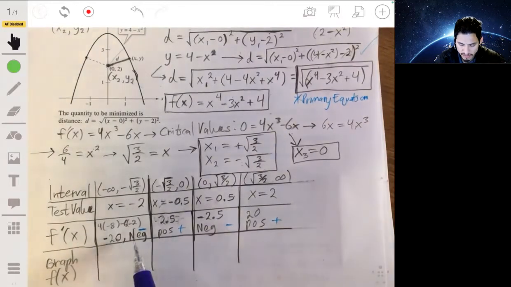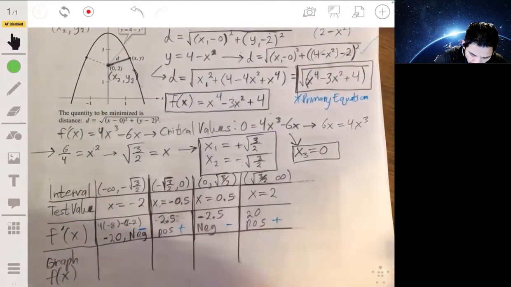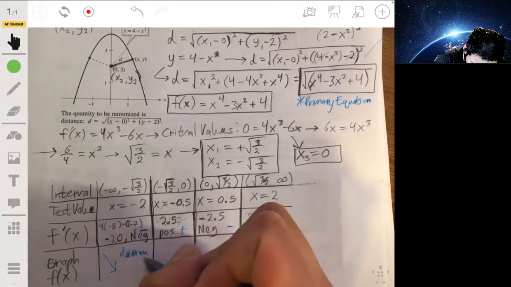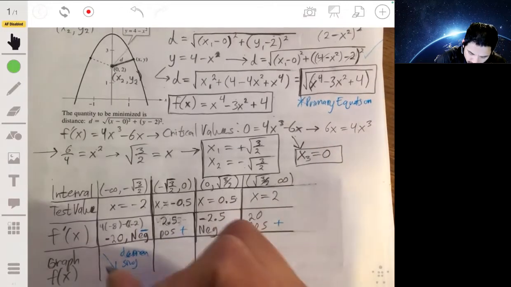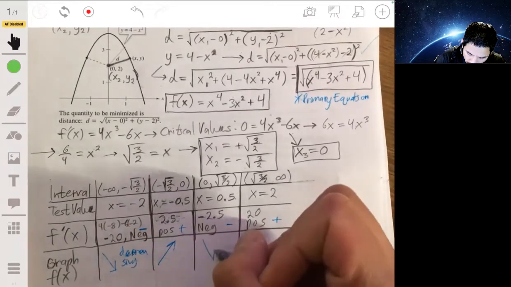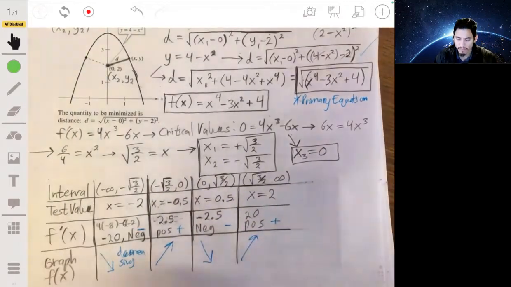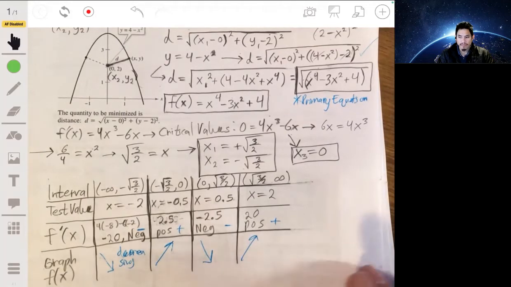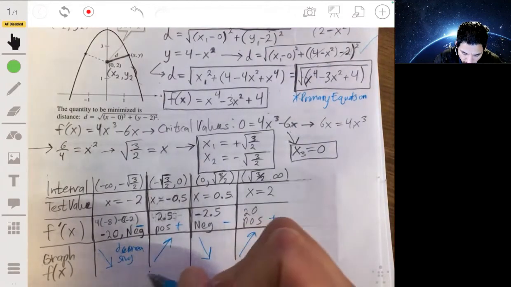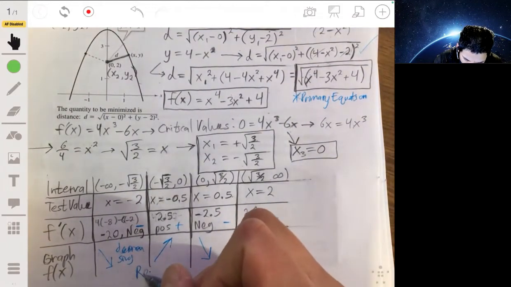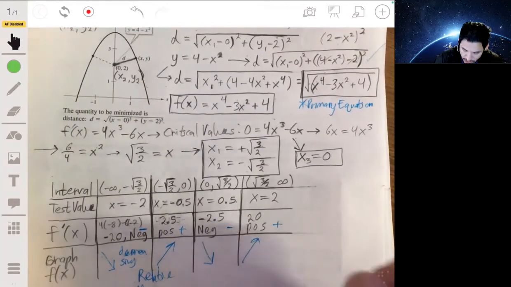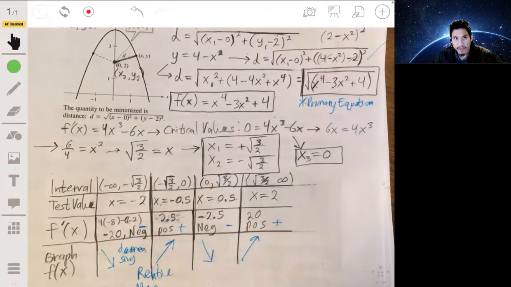Now, remember, when the derivative is negative, this tells you that the graph of the function is decreasing. Decreasing, you get the idea, it's going down. When it's positive, it's increasing, it's going up. So it's going up here, and down here, down here. So over here, as it's going down, then up, here we have a relative minimum.